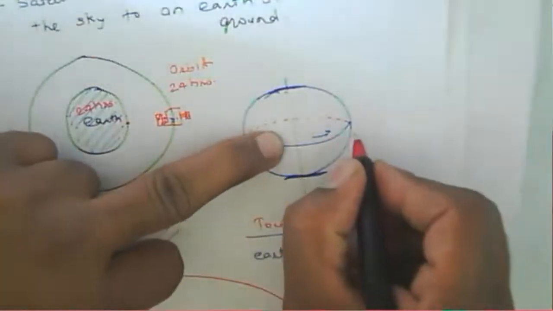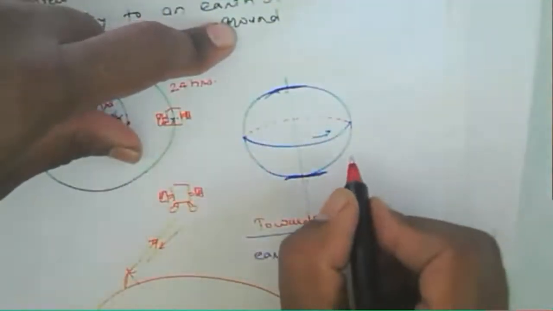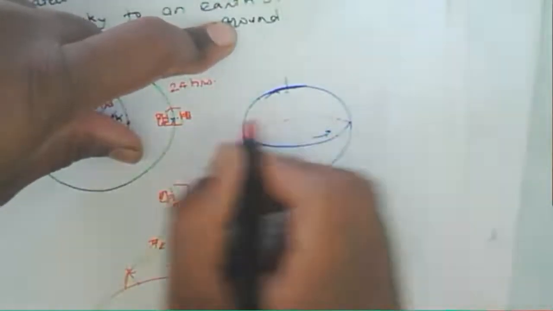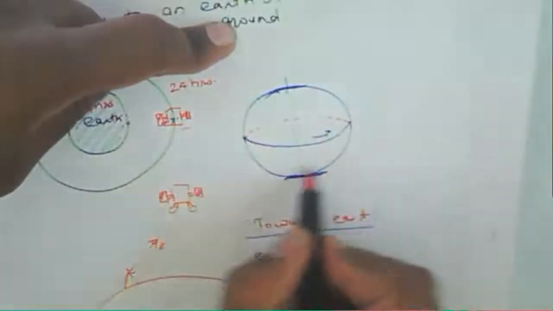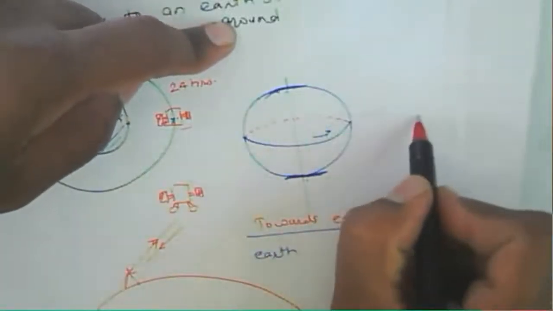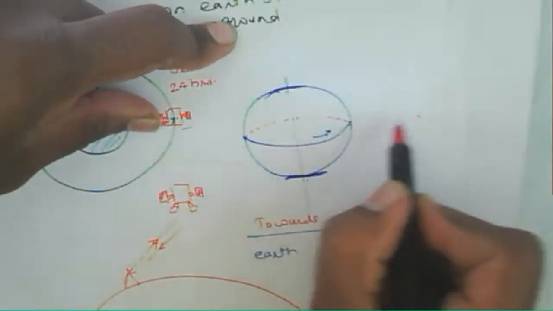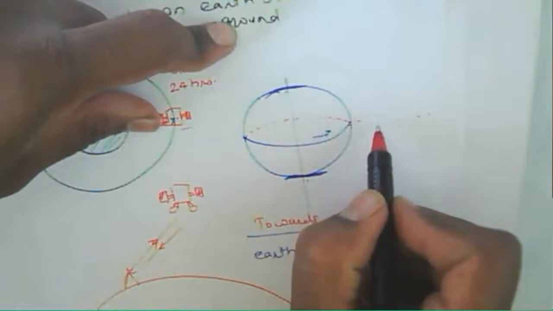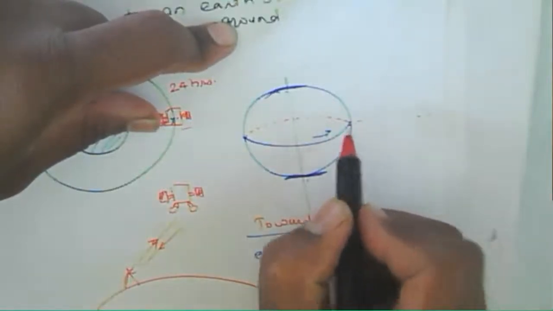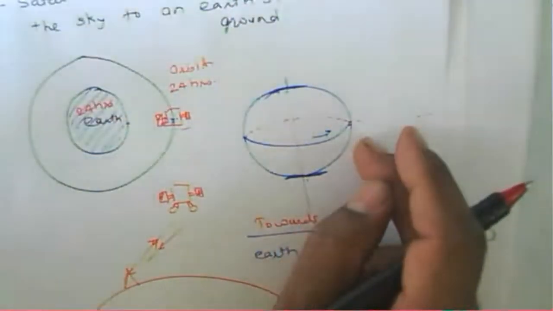Now the position of the satellite: if a satellite is placed in the equatorial plane, this is your equatorial plane, so the satellite is to be present on the equator itself. Then the altitude, that height, will be fixed from this particular position.